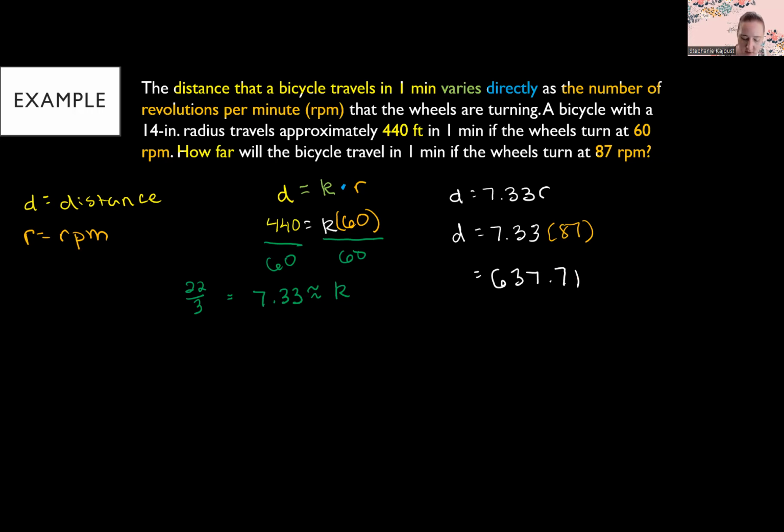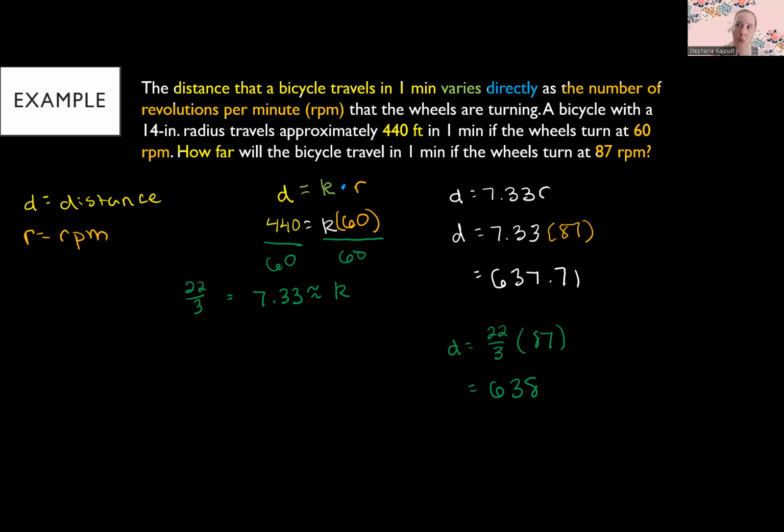So just as a side note, because it does affect your rounding, if you use 22 over 3 and then multiplied by 87, that gives you a whole number, 638, which our rounded number with the 2 decimals would round up to. So again, you want to pay attention to the rounding.